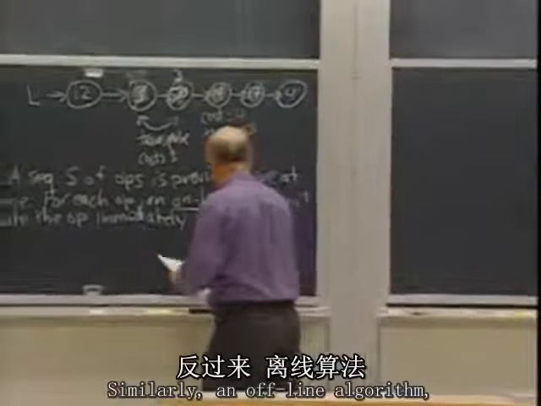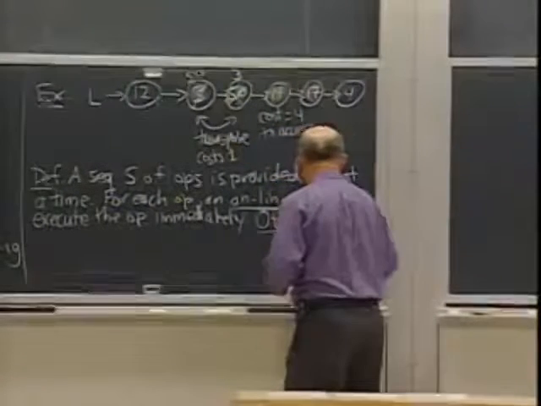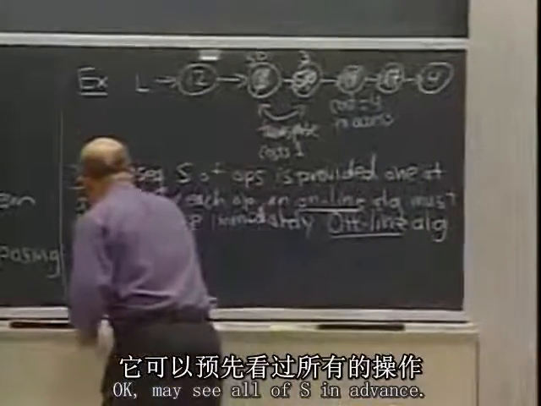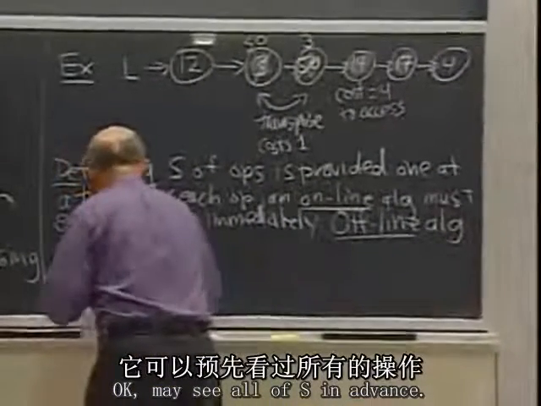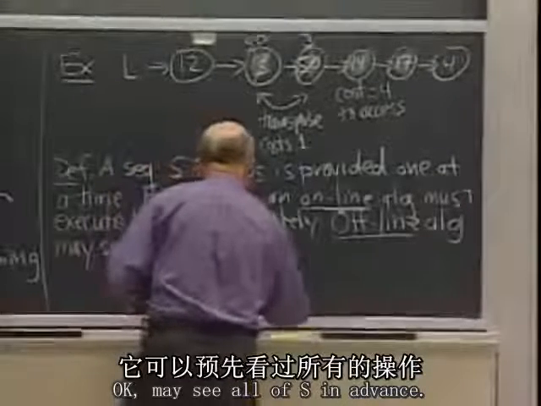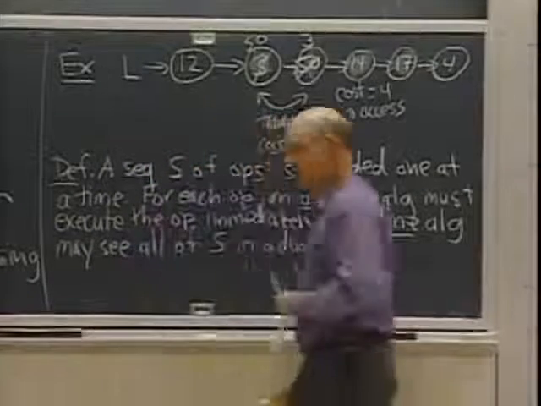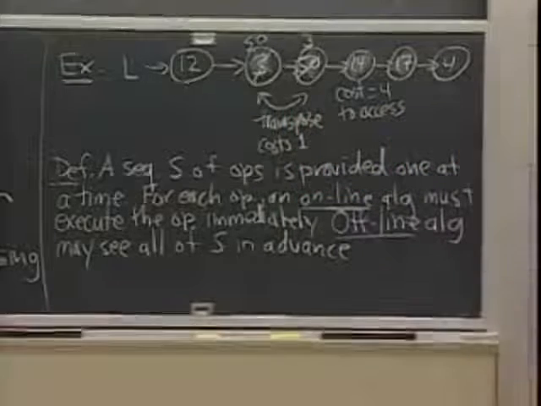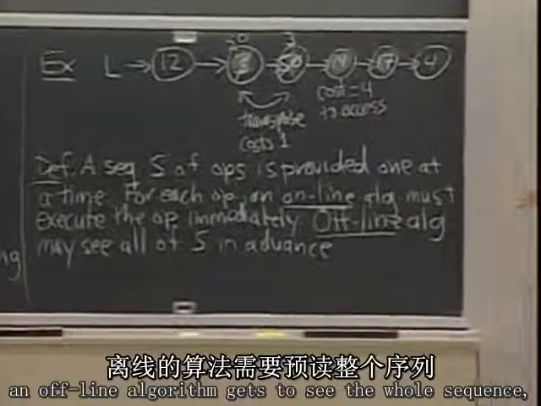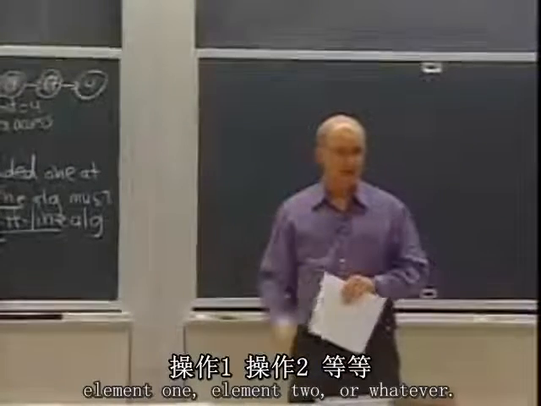Similarly, an offline algorithm may see all of S in advance. So you can see an offline algorithm gets to see the whole sequence and then decide what it wants to do about element 1, element 2, or whatever.